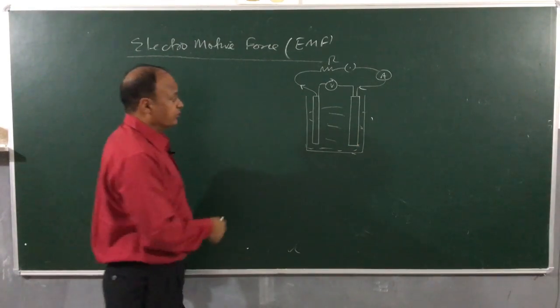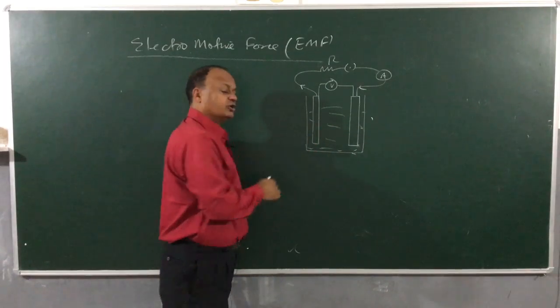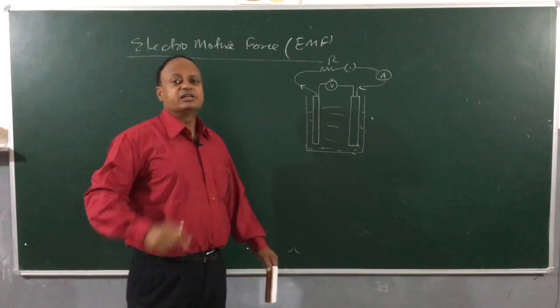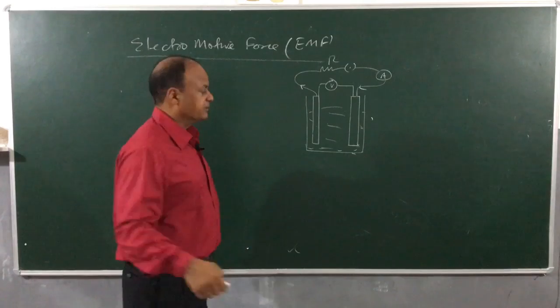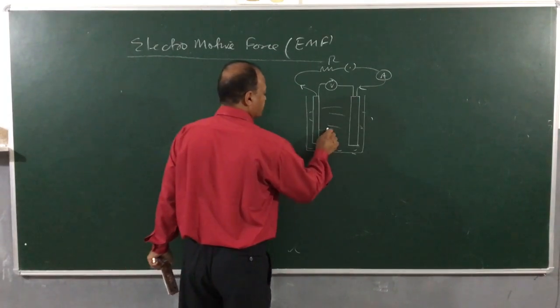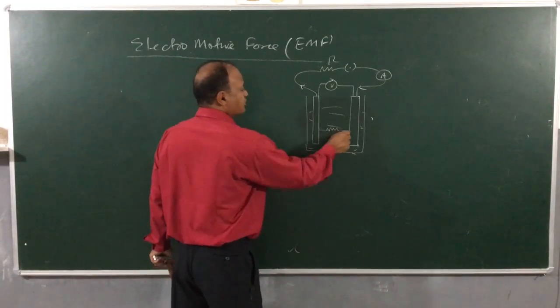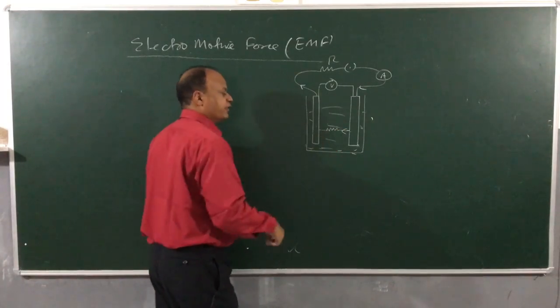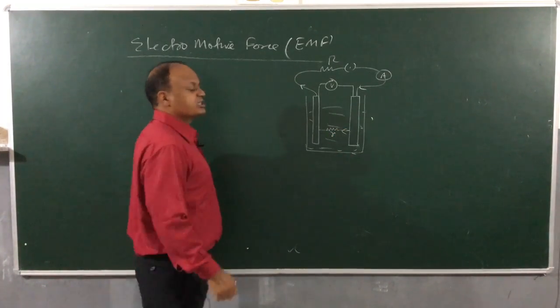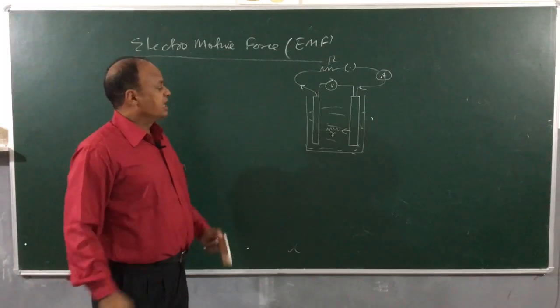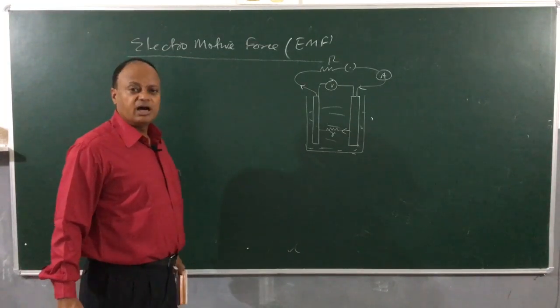And then when current flows from the negative to the positive electrode, the electrolyte offers a certain resistance. We can imagine, we can picturize that there is a low resistance connected between the two electrodes, and this is how the current is flowing, and this resistance is called what? Internal resistance, and we denote it by what? Small r. Okay.